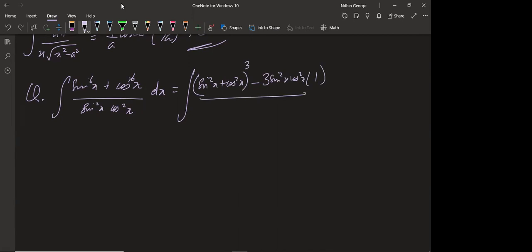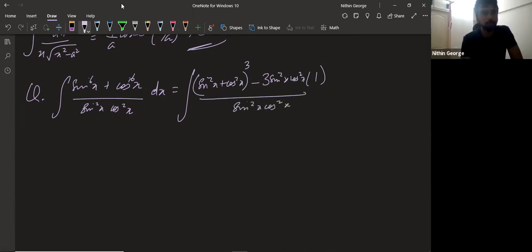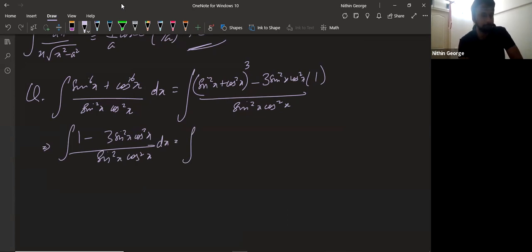Then this becomes 1 minus 3 sin square x cos square x divided by sin square x cos square x dx. This can be written as 1 by sin square x cos square x minus 3 dx.